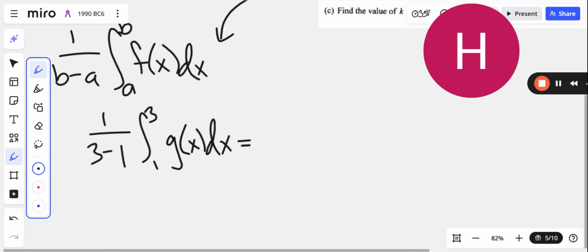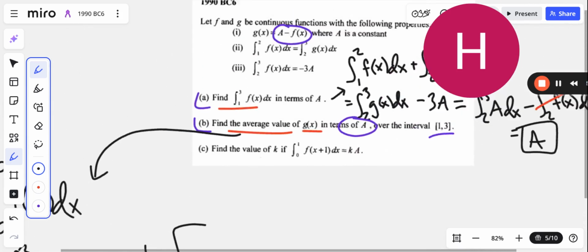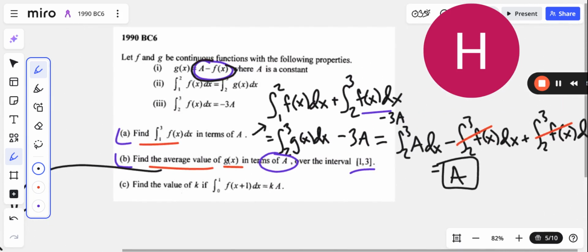Okay, so this is going to be equal to 1 over 2 times, well, since g of x is equal to a minus f of x, we're going to have to use this definition of it again.